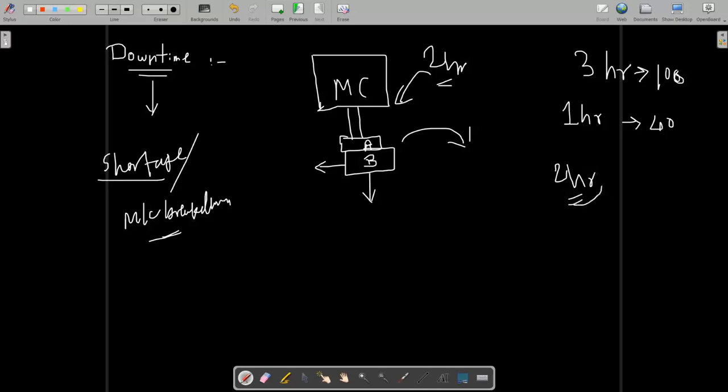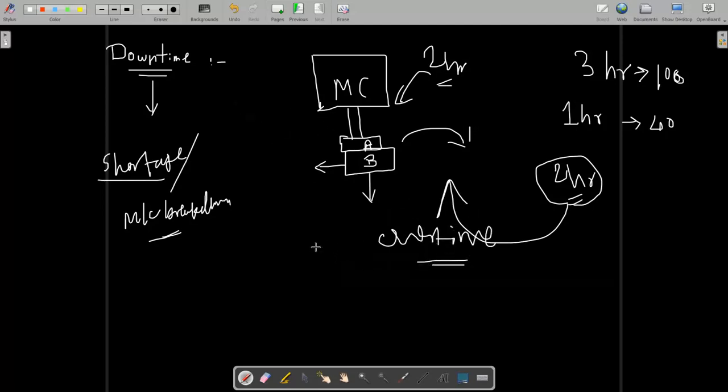We have to compensate this 2 hours after the regular production, which means we have to do overtime. For overtime, we give the overtime charge to the worker, and in this short downtime period, if there is a material shortage, the worker will also be free. So whatever wages we are giving, this also costs us. And if the machine has broken down and the same worker is doing some repair work, this will cost some time as well as some equipment like lubricants, electrical equipment, or maybe a mechanical part broke down, and this requires some cost.